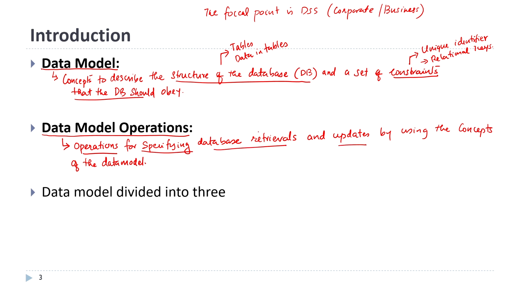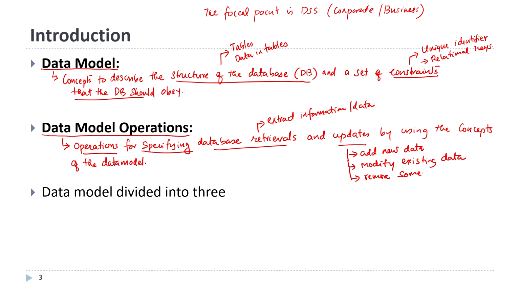Retrievals mean extracting information or data from the database, and updates include adding new data, modifying existing data, removing some data, etc. So, all these things are aspects of what we call updates.